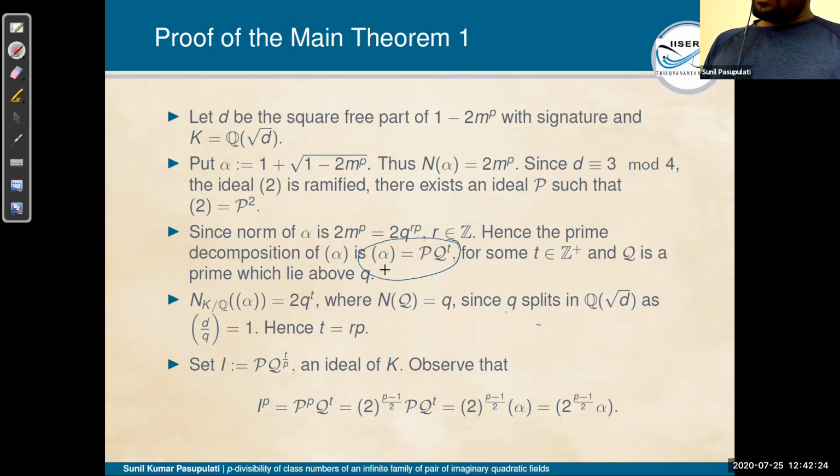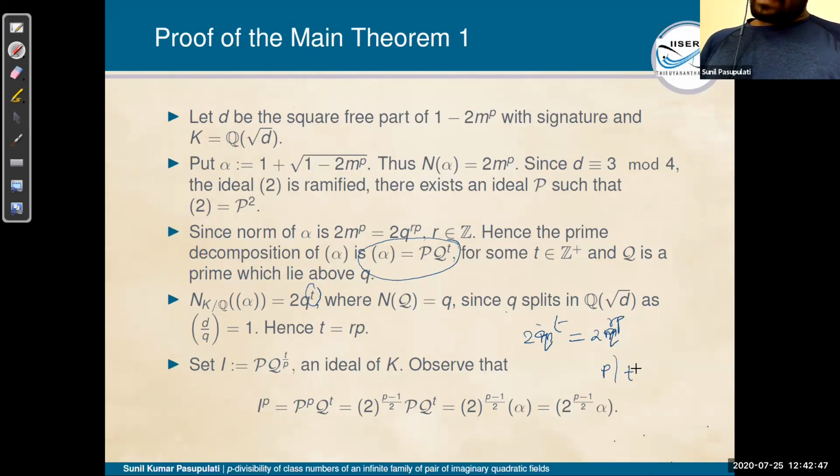It comes out to be 2 times Q to the power T. But observe that 2 Q to the power T is equal to 2 m to the power p, so p divides T.